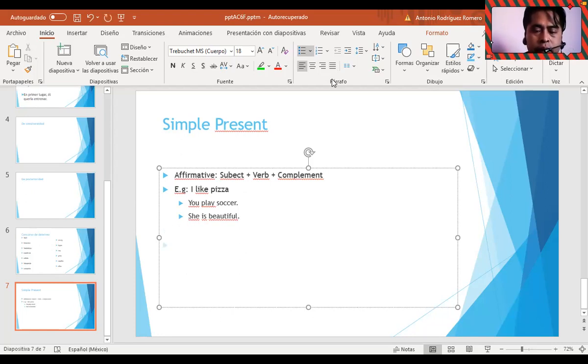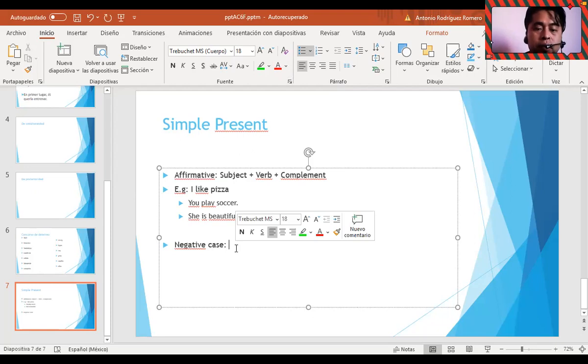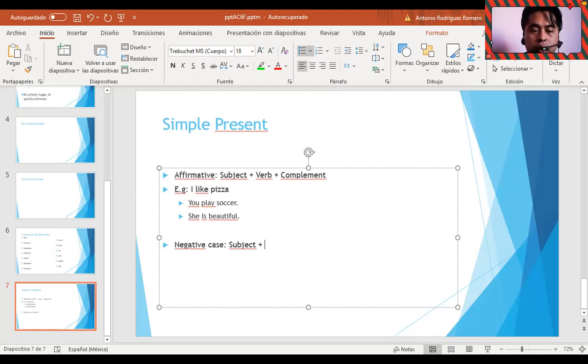Okay, so we have then, as I said, the negative case. In this case, we're going to, whoops, I made a mistake. It says subject. It should be subject. For the negative case, we use subject. And this time I'm not going to use the verb. Before the verb, I'm going to use an auxiliary.